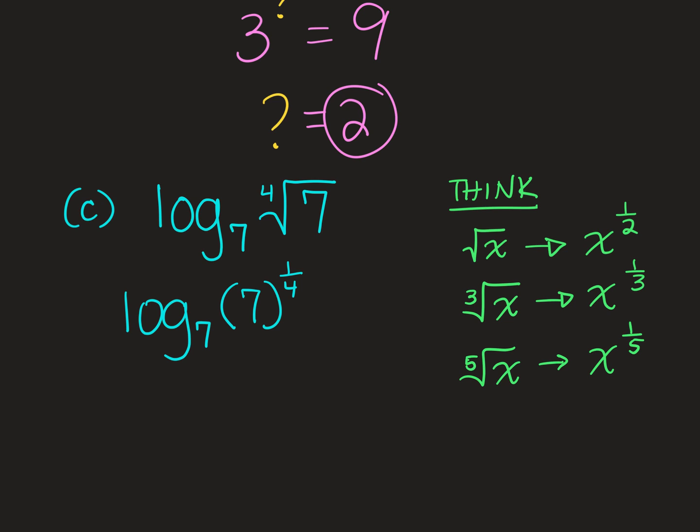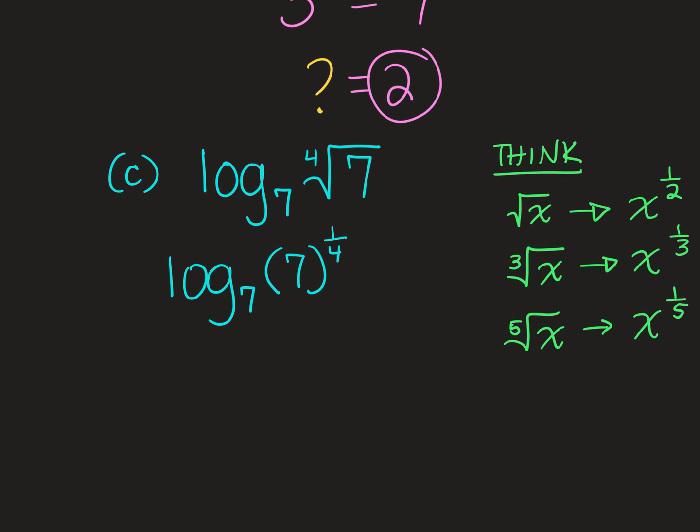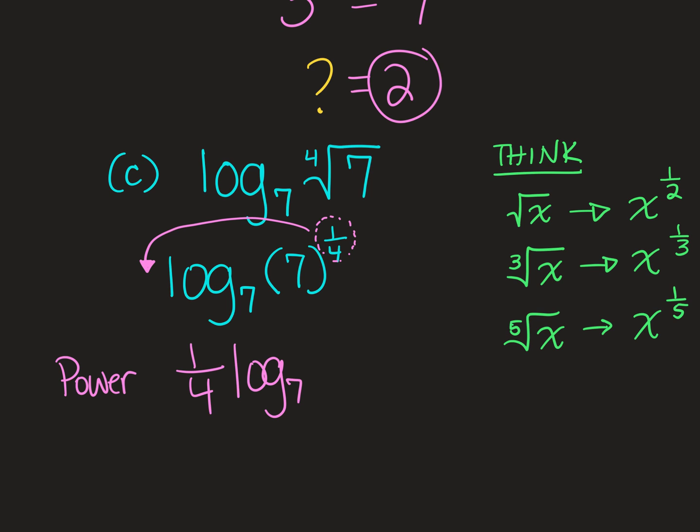From there, I'll use the power property. I could write that as taking that exponent, whatever it is, and it becomes a multiplier in front of your logarithm. So I end up with 1/4 times the log base 7 of 7.